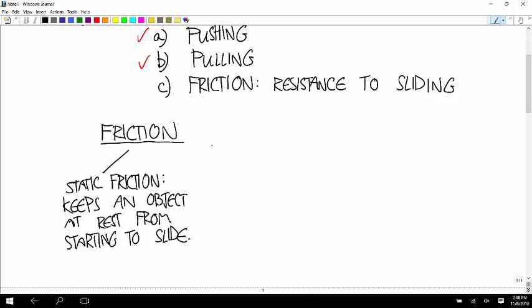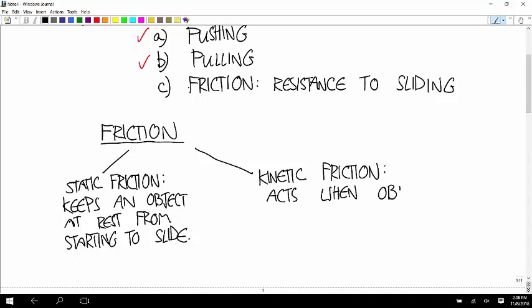Okay, so one type is static friction, one type is kinetic friction. And this is a friction force that acts when an object is sliding.